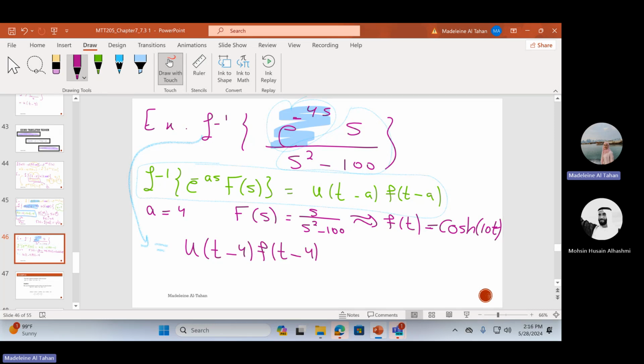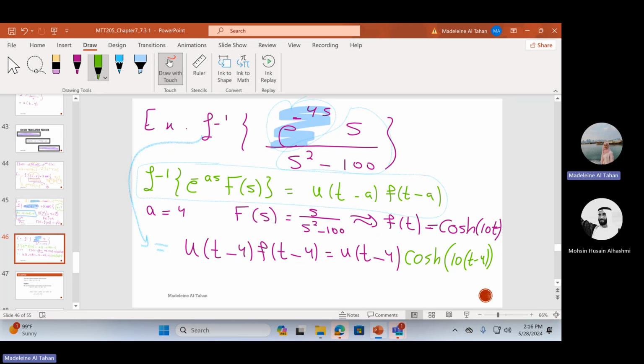Do we agree? Okay. u(t minus 4), I will keep it this way. I don't have f(t minus 4), but what do we have instead? f(t). So cosine, instead of t, what will we put? t minus 4, and this will be the final answer.